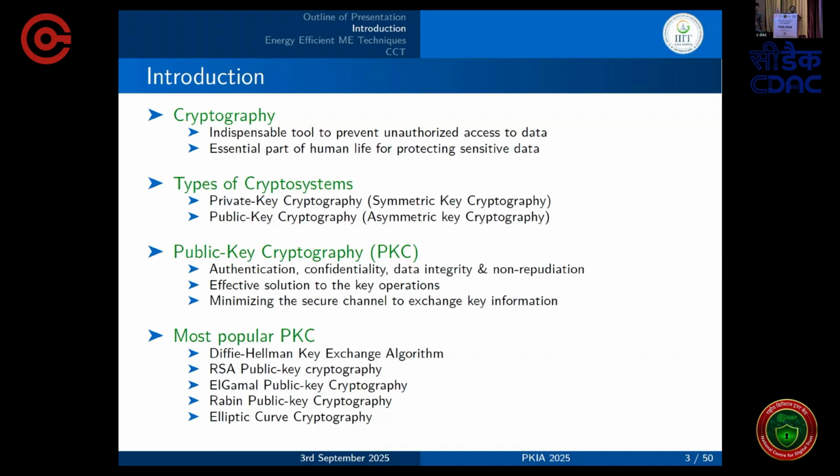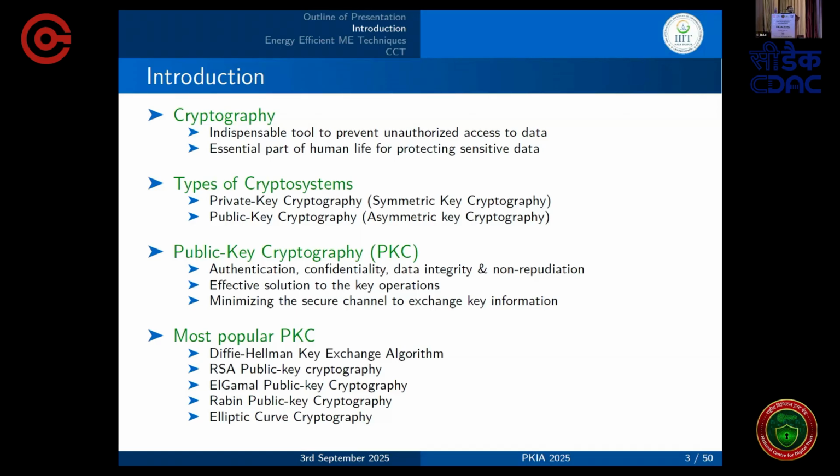To know the essentiality of why we need to focus on modular exponential techniques, we should know where exactly we are using those techniques. Nowadays, every security, whether it is information security, network security, quantum cryptography or cyber security, has a core subject behind it, which is cryptography. We know that it is broadly divided into two types.